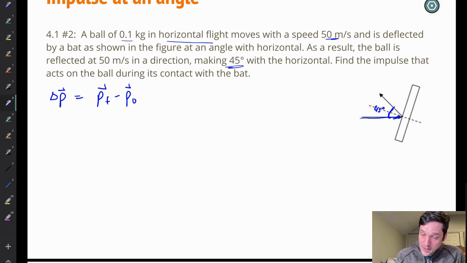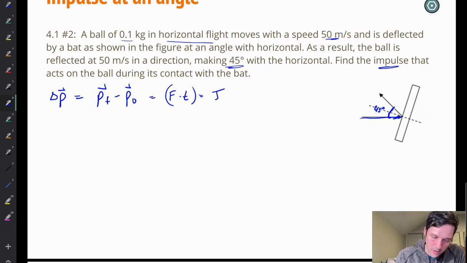We would like to find the impulse that acts on the ball during its contact for, we don't know how much time. But I guess we're not being asked for either the force or the time. We're being asked simply for the impulse. Well, if I've got angles, I got to be thinking about vectors, and I got to be thinking about vector addition.